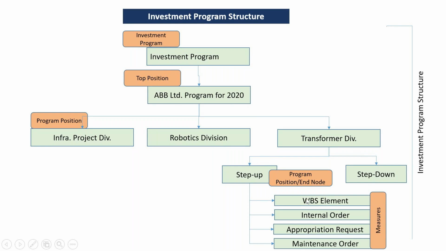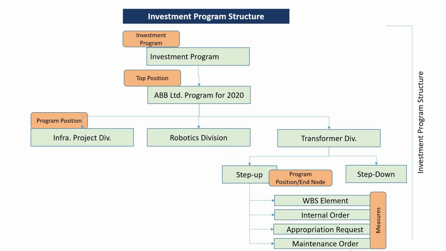We are calling it a measure: WBS element, internal order, appropriation request, maintenance order, whatever the object which we are using as an account assignment to carry the cost or revenue and assigning it to the position, we are calling it a measure. So these are the measures available.